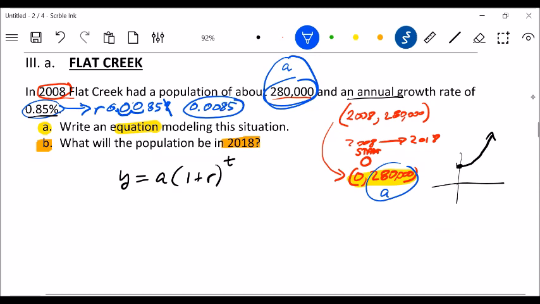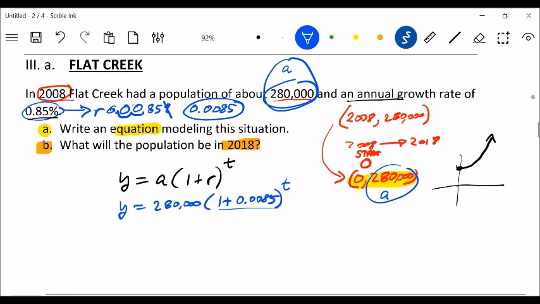Now, I am going to say Y is equal to 280,000 times 1 plus 0.0085, and then the T is the amount of time. Now, if we had put 0 here, this to the 0 power would just be 1 times 280,000. So a 0 time gives us this 280,000 as the result.